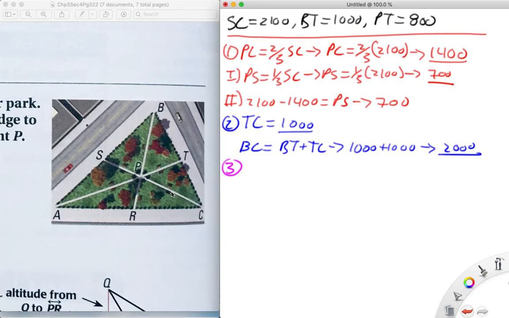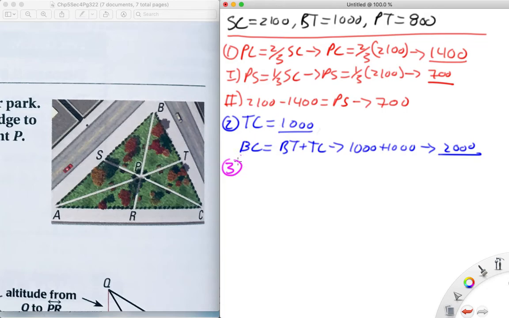Then for PT, okay, the PT is 800, and then they want to know AT and then AP.